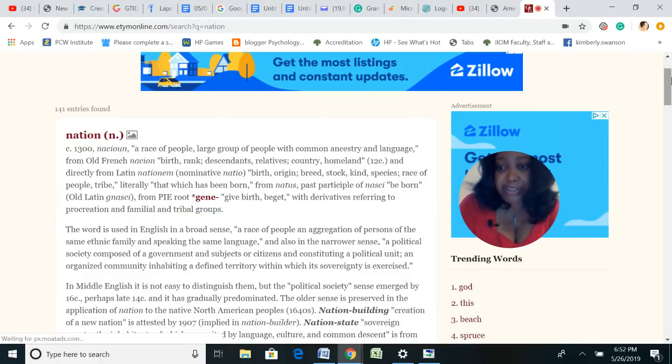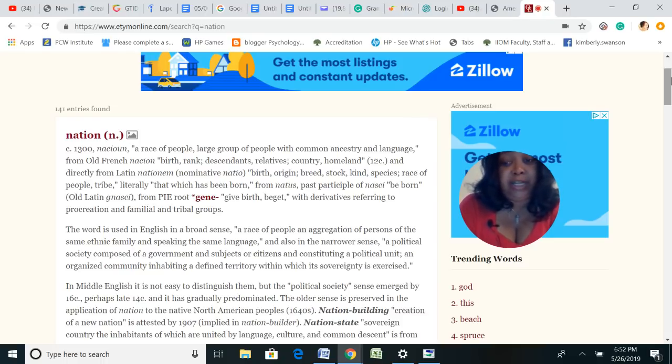And it says here, nation, and it's a noun. Century 1300, nation, a race of people, a large group of people with common ancestry and language. From Old French nation, birth, rank, descendants, relatives, country, homeland, 12th century.